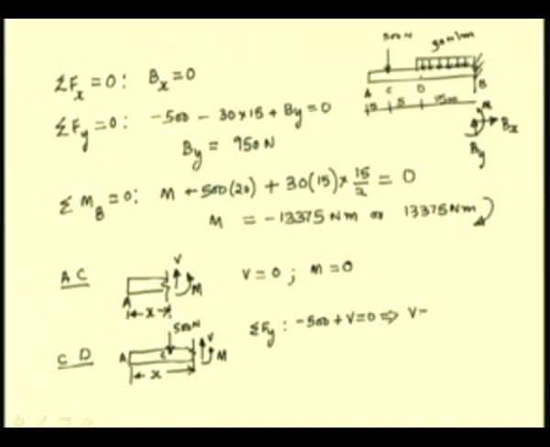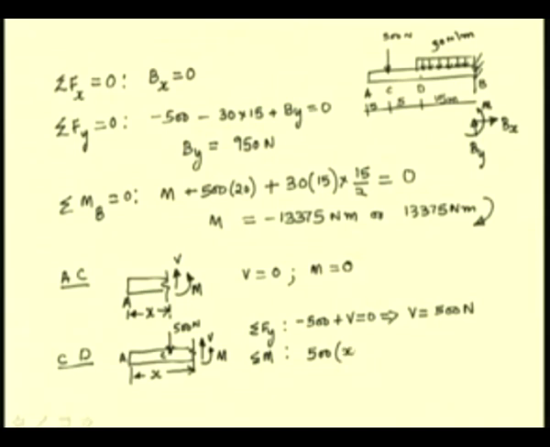from which we find that shear force has to be 500 newtons, and summing the moments about this point, we have the moment of this 500 Newton force, which is counterclockwise and which is equal to 500 times this distance minus the distance AC, which is 5 meters.